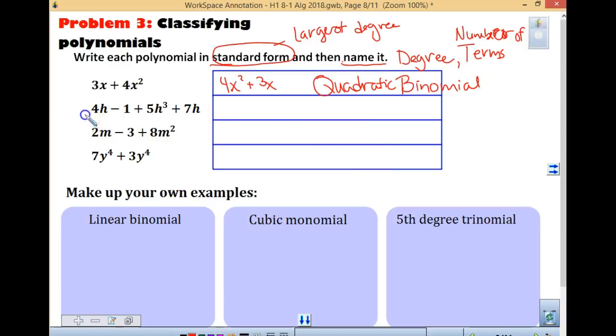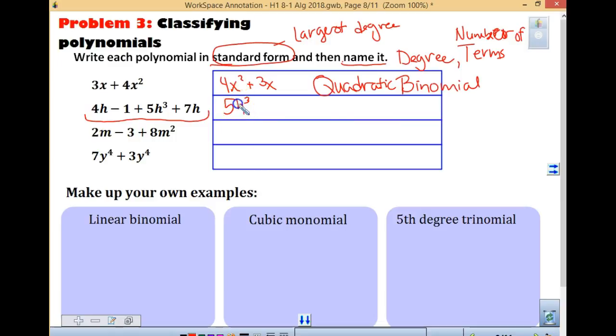This one, we are going to even add like terms in here, right? So we're going to start off, and our highest degree is 5h to the third. So we're going to start with 5h to the third. I am going to add those like terms together. So Sanjay, if I'm adding my like terms, which ones look alike?